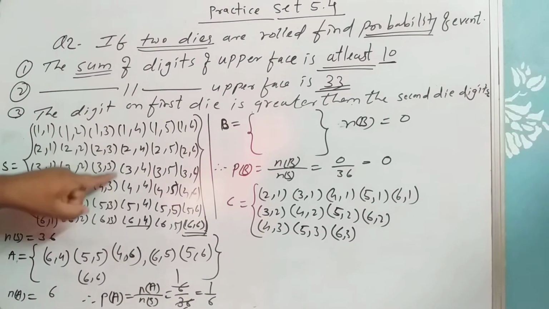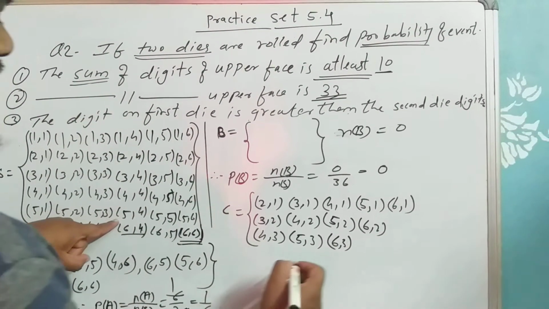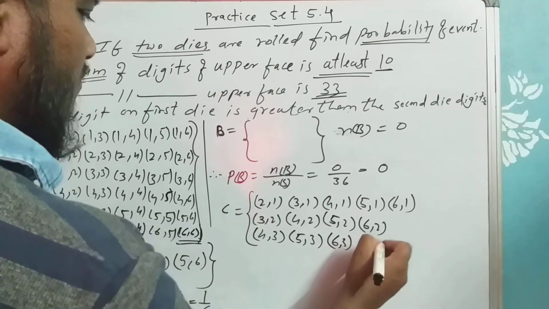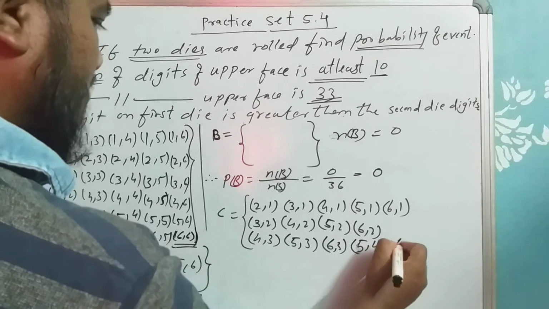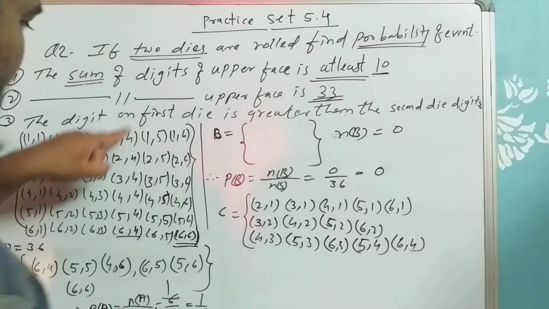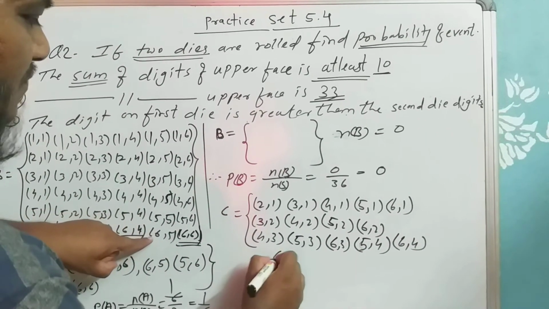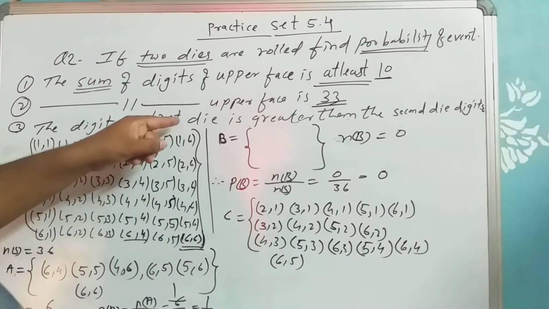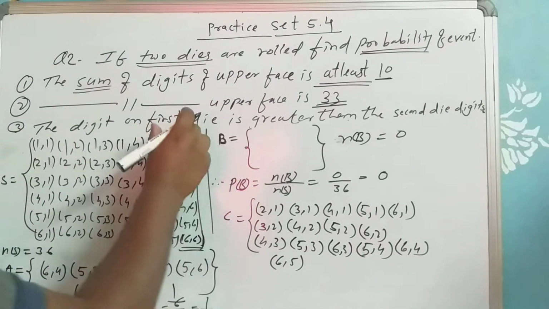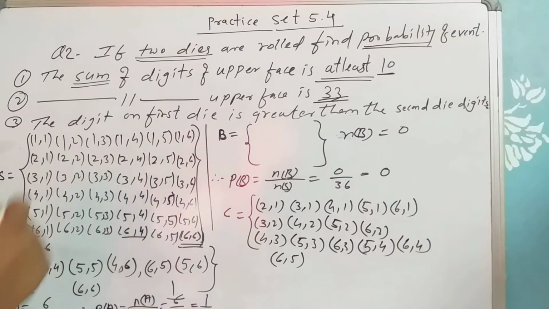Now the fourth column: 5 4, 6 4. Fifth column: 6 5. And the sixth column we can't take because all these numbers are smaller than 6.